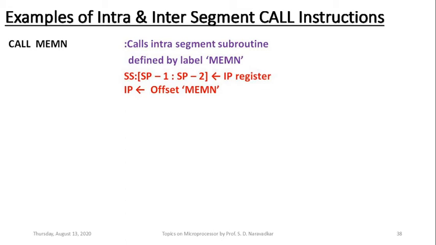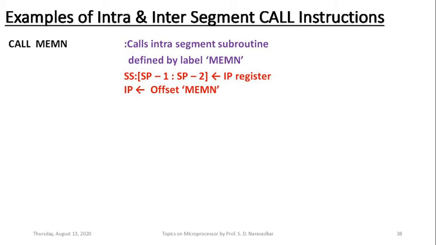That's why two stack top locations, decremented by one each, will be used to copy that return address. So the contents of the 16-bit IP register will be copied to the stack segment. Inside the square bracket, two offset locations are shown, which are the two decremented stack locations, SP-1 and SP-2. Here the return address, the contents of the IP register, will be copied.